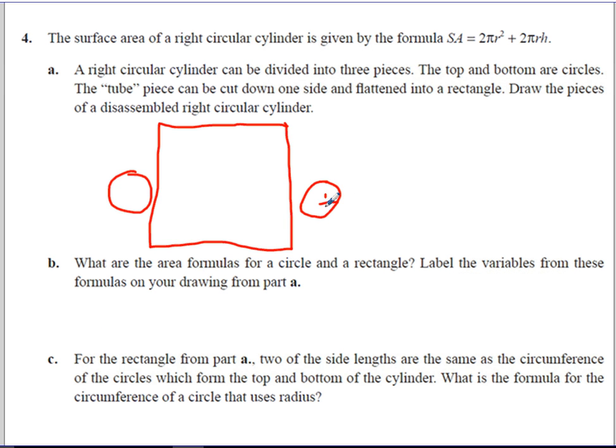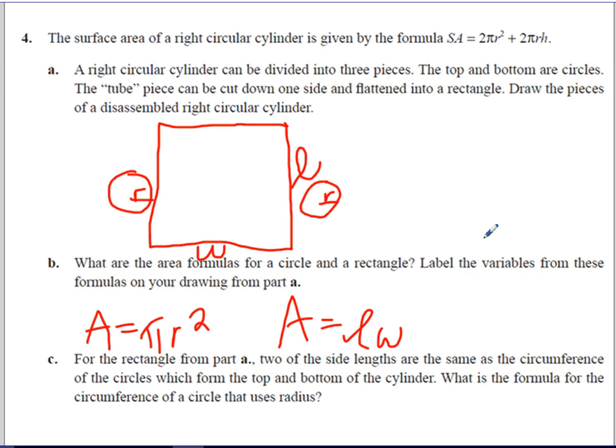We have our r, the radius of our circles, and then we have our length, which, if we were to turn this can upside, that would be the length, and this would be the width. And so again, our formulas were area equals pi r squared, and area equals length times width.